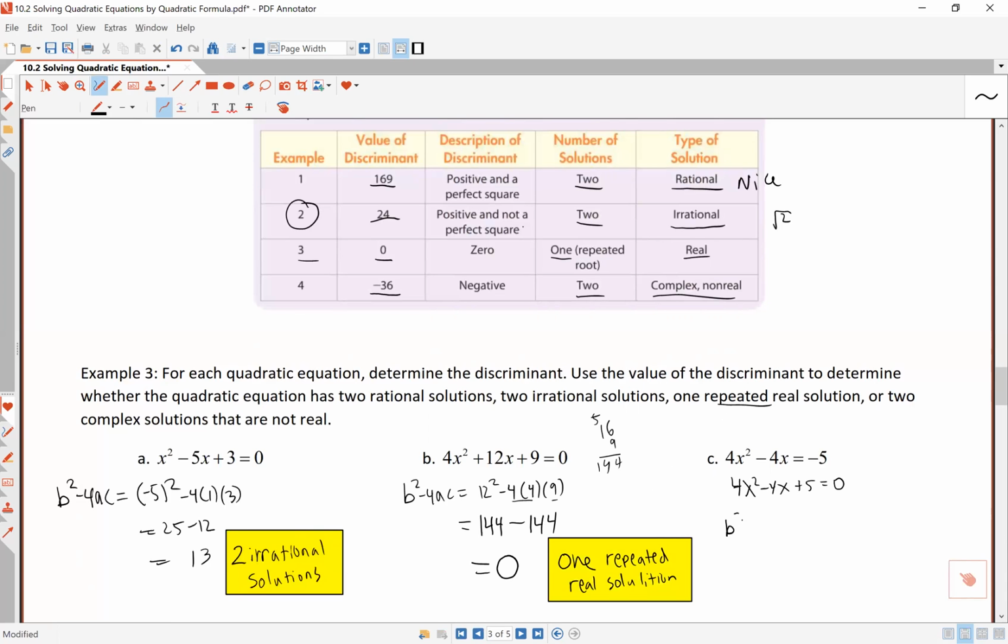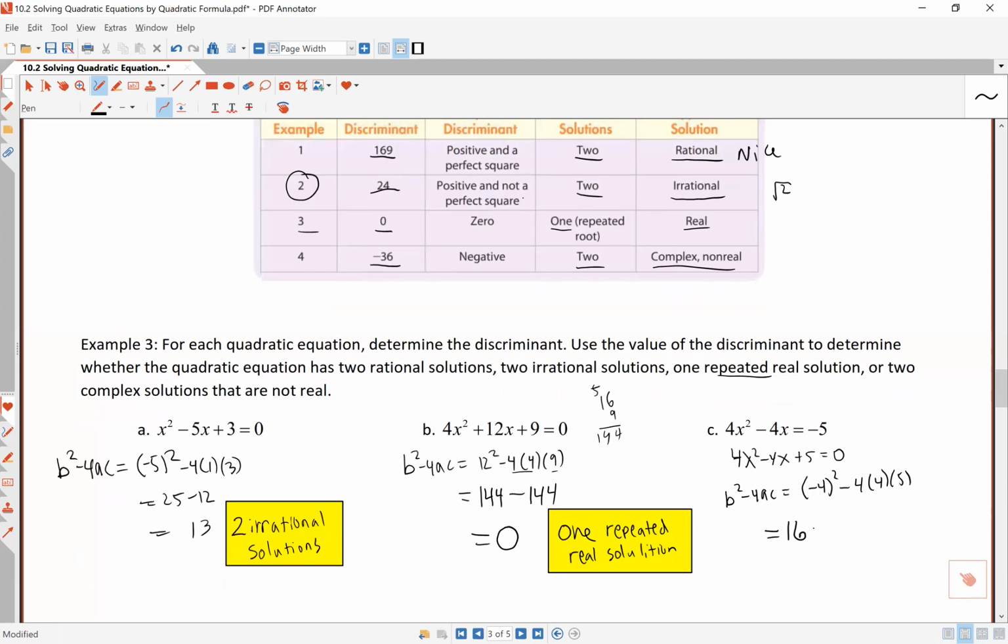And then b squared minus 4ac is going to be negative 4 squared minus 4 times 5. That's looking like the negative one because this is 16 and this is bigger than 16. 80. And so this gives us negative 64. When it's less than 0, you get the two complex solutions that are not real.